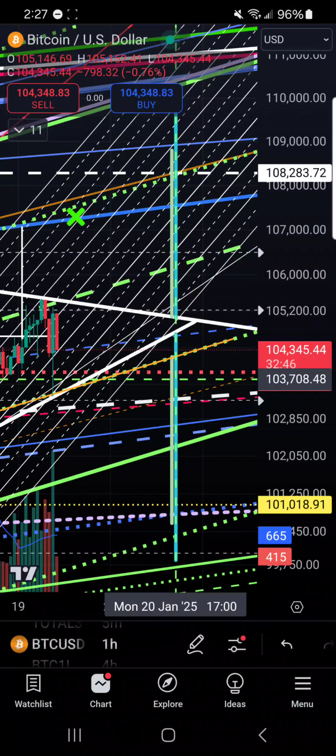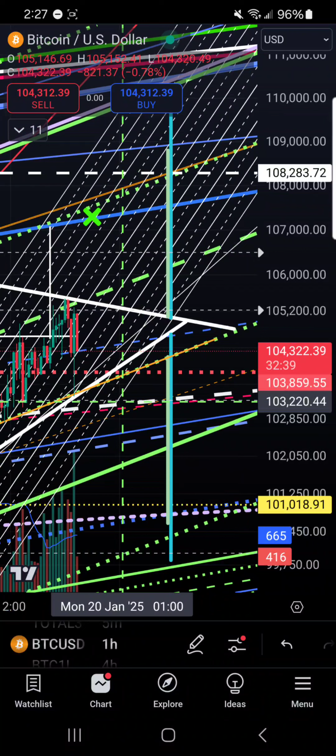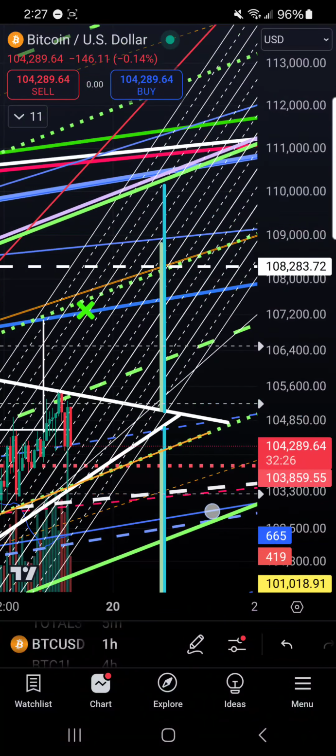I believe that's when the inauguration begins on Monday. So I don't know where the breakout's going to be, but I thought that might be a good location to put those. Of course, it might happen any time leading up until then. But placed there, those are targets to the upside.